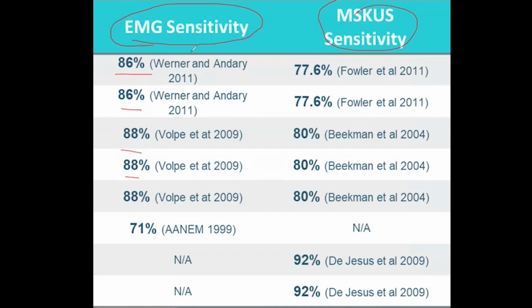For example, here, and I don't list the specificities, but EMG testing has an 86% sensitivity for carpal tunnel and a 98% specificity for carpal tunnel, which is huge.